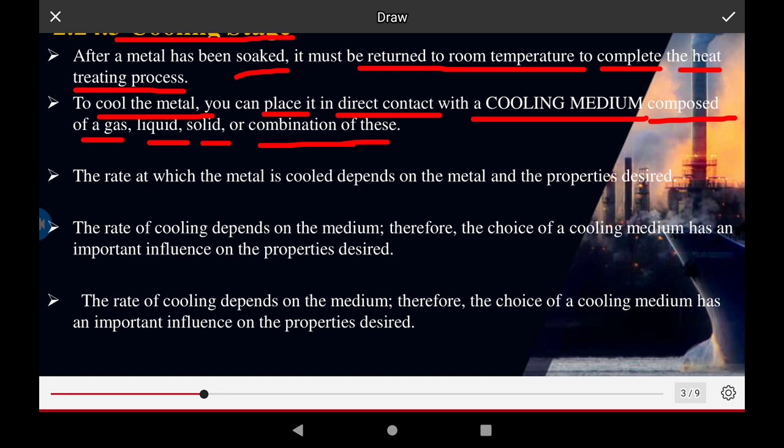The rate at which the metal is cooled depends on the metal and the properties desired.